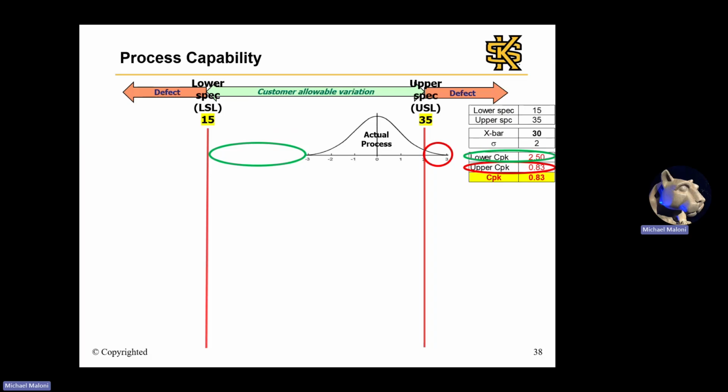So some appointments will last longer than the 35-minute upper spec limit. And the upper CPK result shows this with 0.83, which is less than 1.33. So this process is not capable of consistently producing within customer specs.